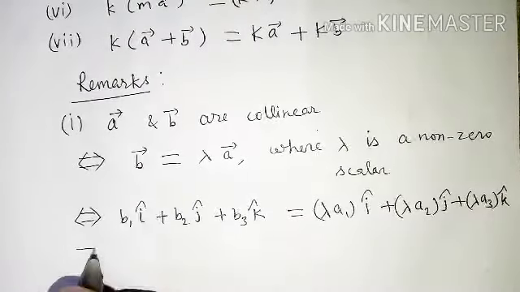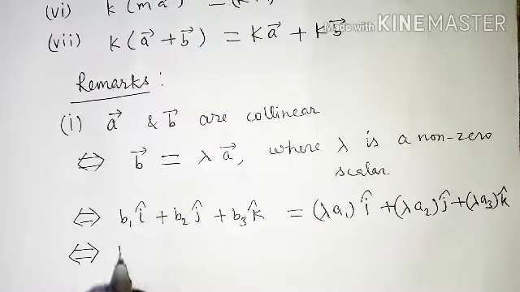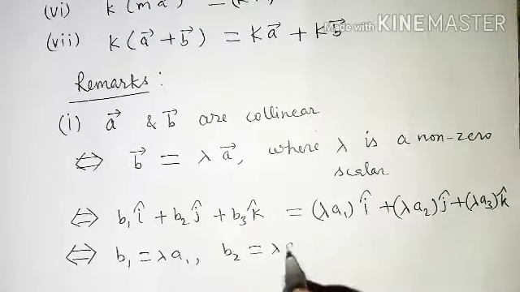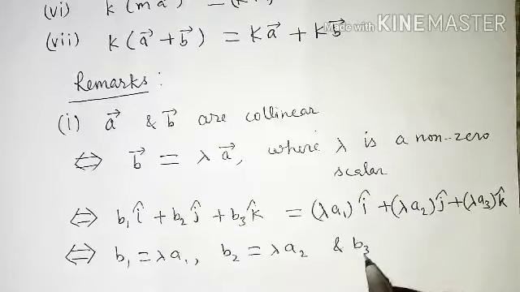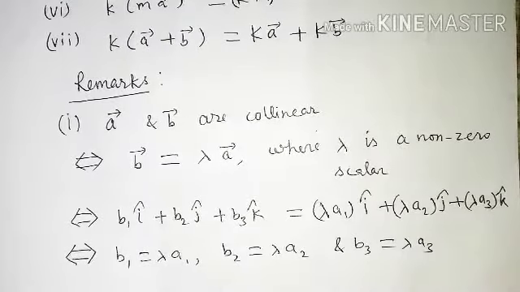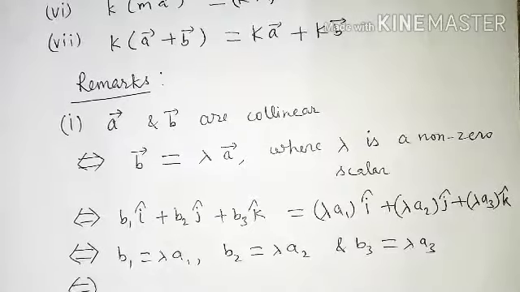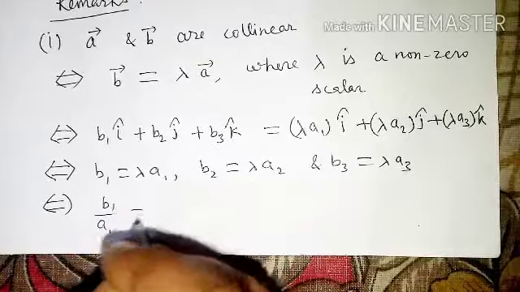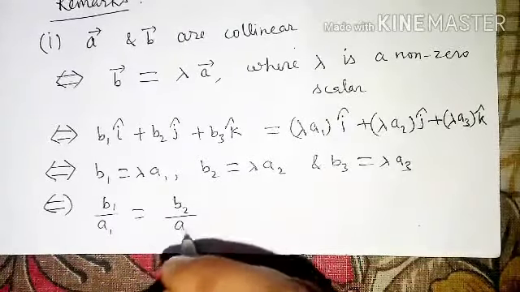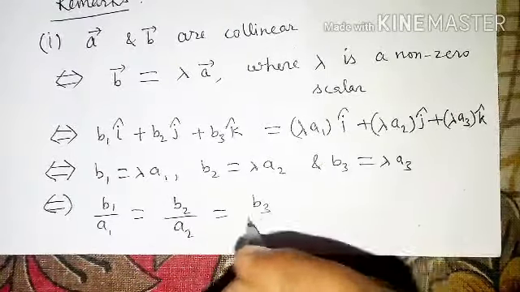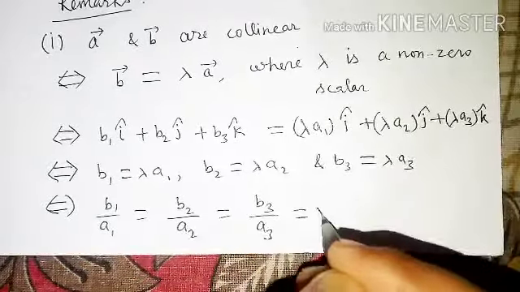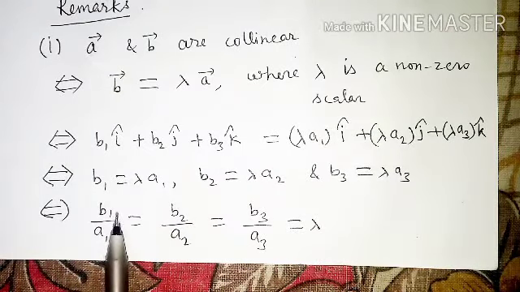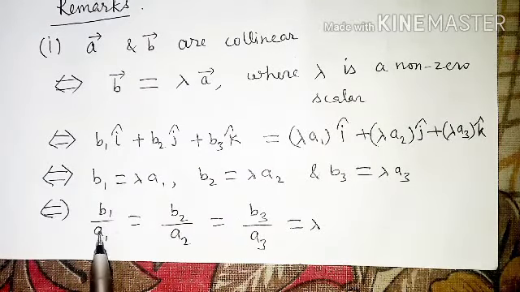Here two vectors are equal. It implies that b1 is equal to lambda a1, b2 is equal to lambda a2 and b3 is equal to lambda a3. This implies and is implied by b1 by a1 is equal to b2 by a2 is equal to b3 by a3 is equal to lambda. So if two vectors A and B are collinear, then their scalar components are proportional.